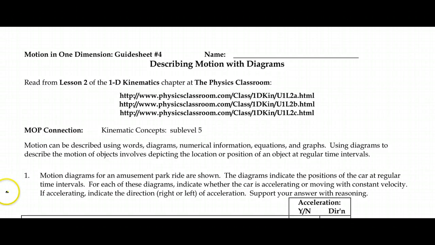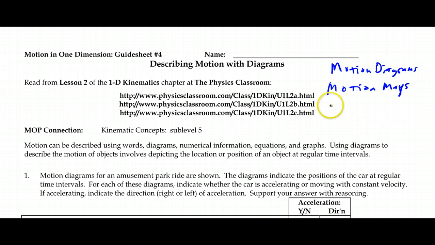Okay, this screencast is going to cover the idea of describing motion using diagrams. We call them motion diagrams, or if we add some more information and it helps, we often refer to them as motion maps. So really we have multiple ways to describe a motion.